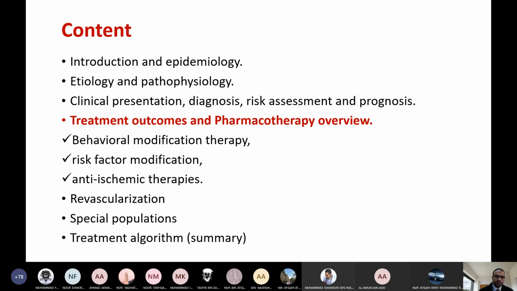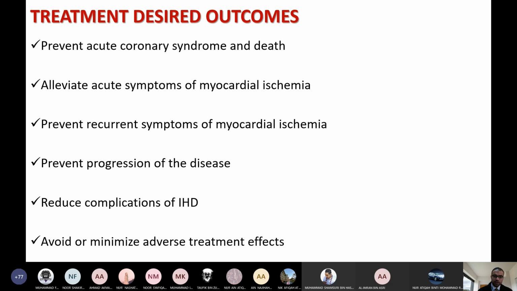we started with introduction, epidemiology, then etiology and pathophysiology, then an overview of the clinical presentation, diagnosis and prognosis. And then the last part, we started to continue about the treatment, the pharmacotherapy, and we understand that in terms of medication, we have different categories with different roles in stable ischemic heart disease.